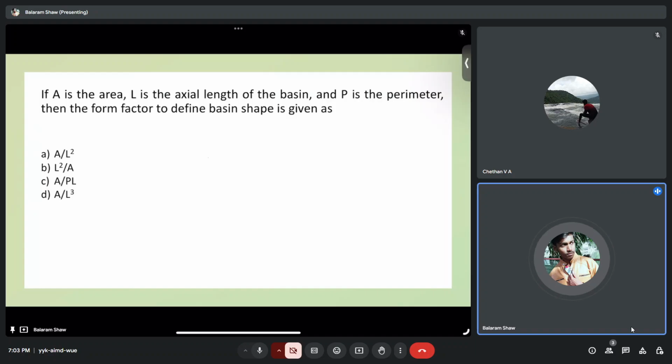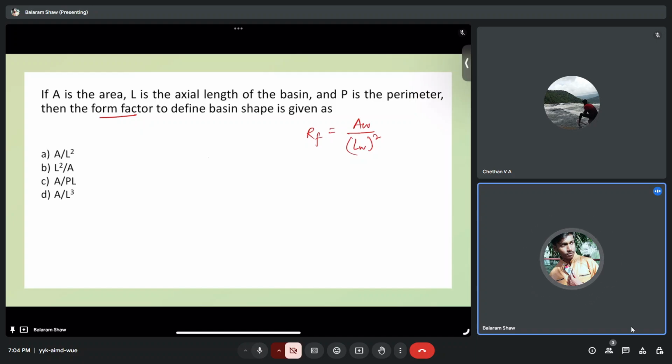Okay, so the next question is, if A is the area and L is the axial length of the basin and P is the perimeter, then the form factor to define the basin shape. We have just discussed what is form factor. The form factor is defined as RF equals AW by LW square, correct?